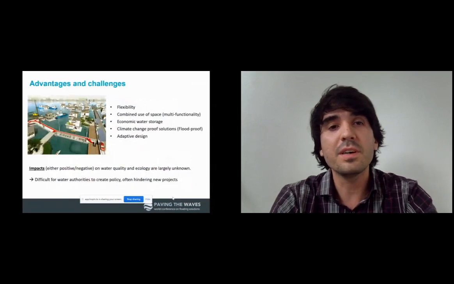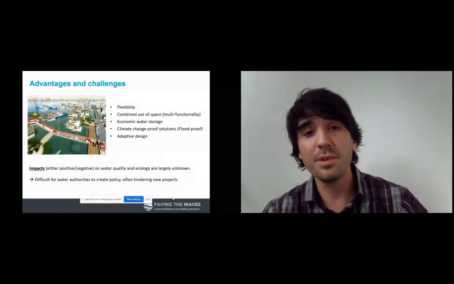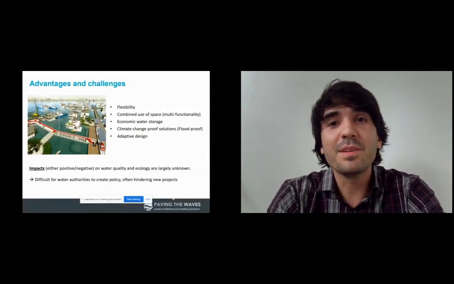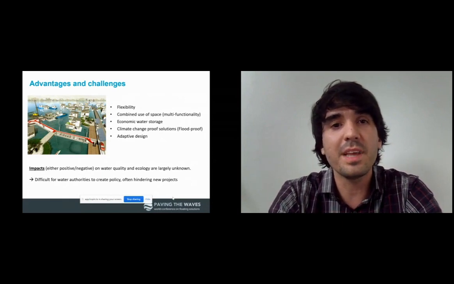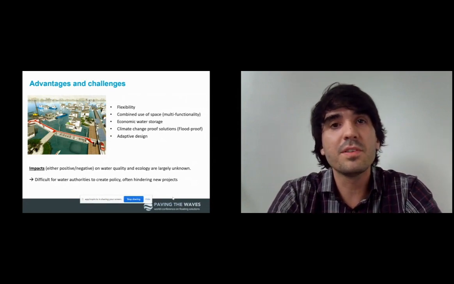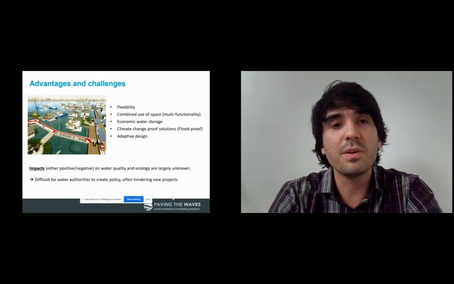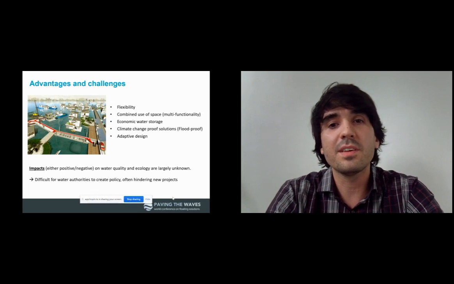As you all know, it has some advantages. You heard it from much more qualified people than me, about the combined use of space and suitability for climate adaptation. But of course, it's important to also think about the impact on the water quality and the ecology, which is still quite unknown.